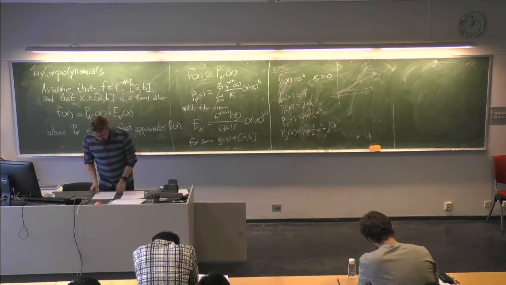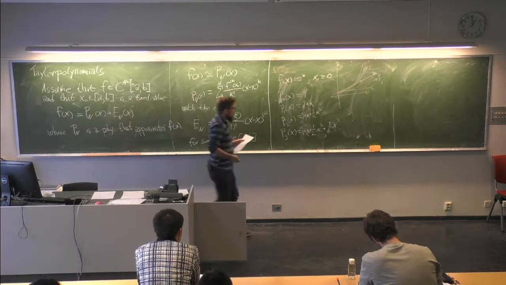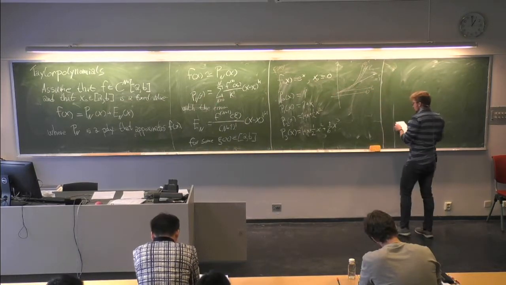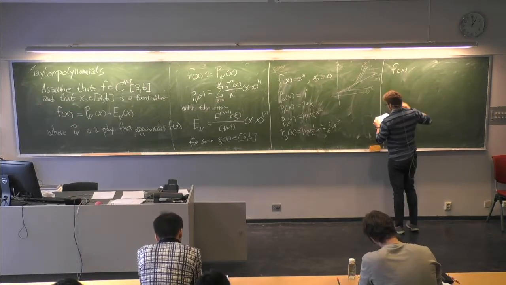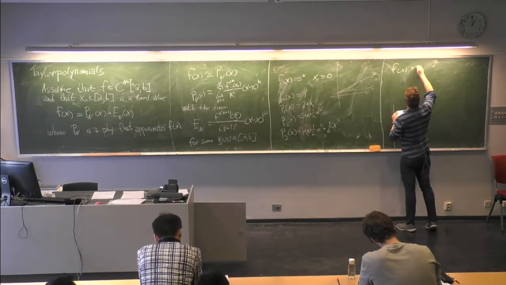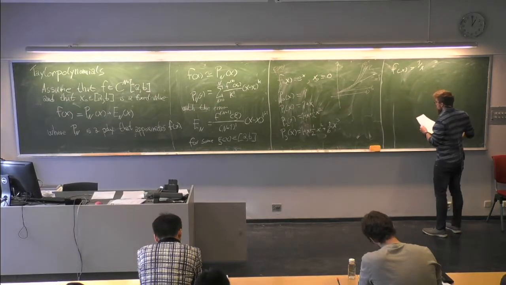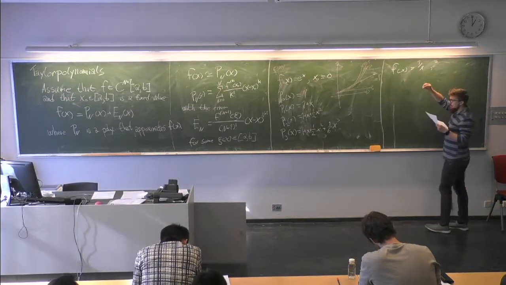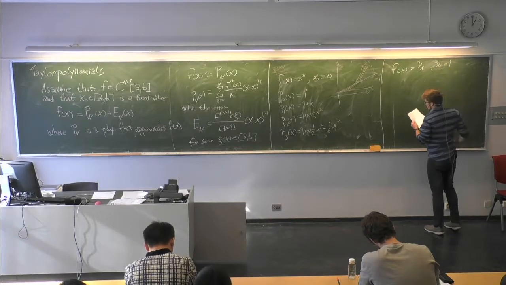But in some cases, it just breaks down. So a different example is if you try to approximate 1 over x around, well, it's kind of silly to approximate this around 0, so we're going to approximate it around 1.